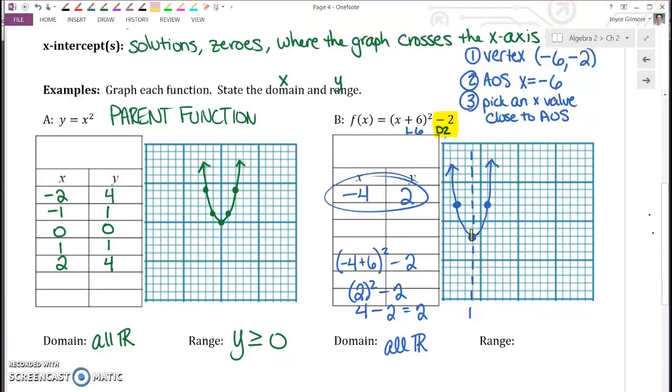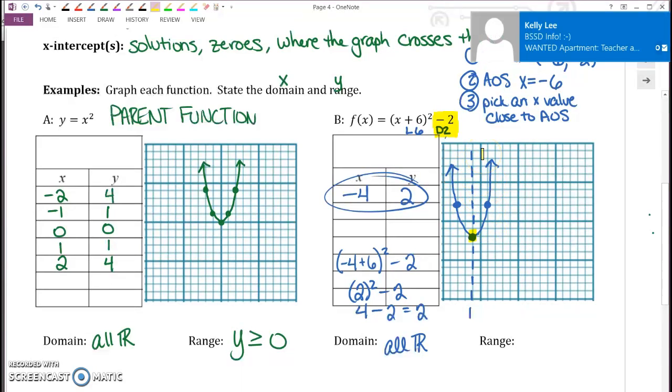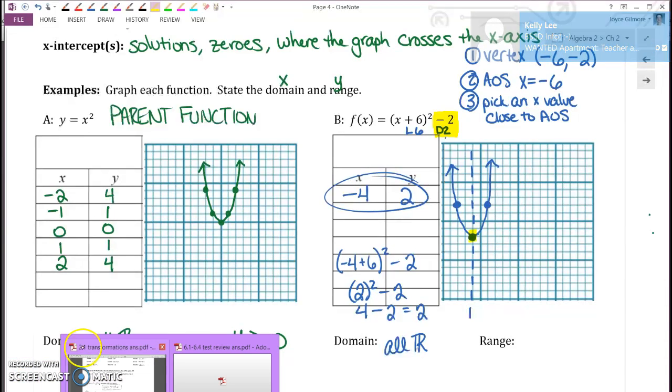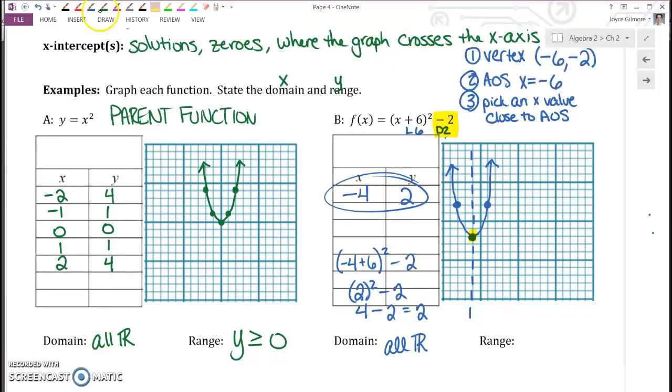So notice our vertex has a y value of -2, and then all of these other y values are above -2. Our range is y is greater than or equal to -2.